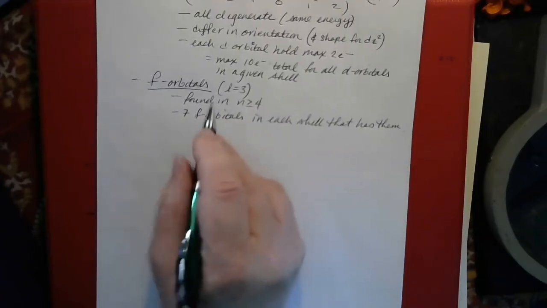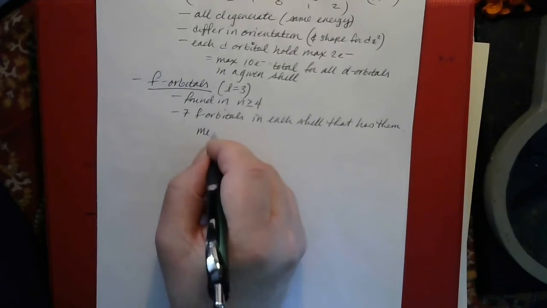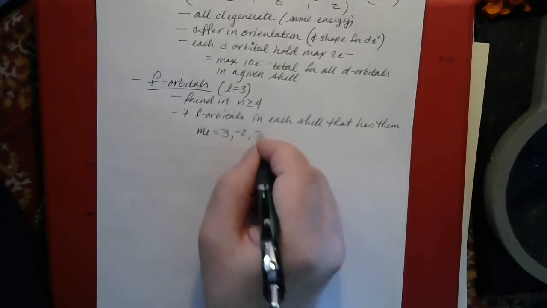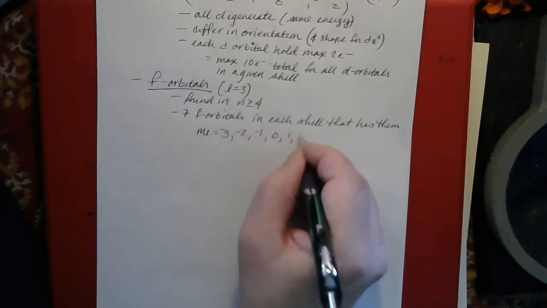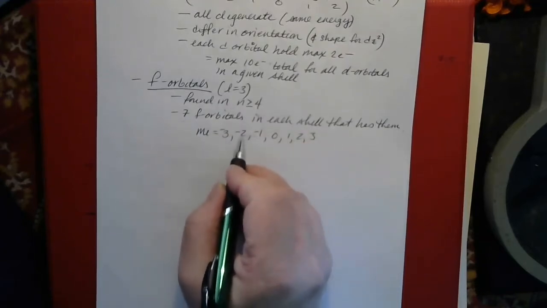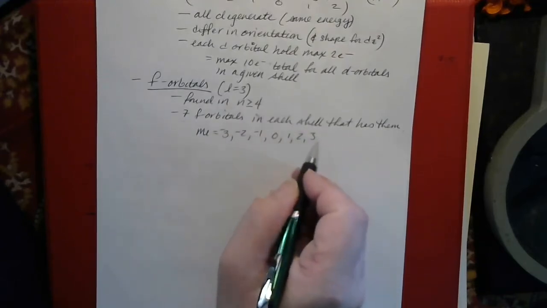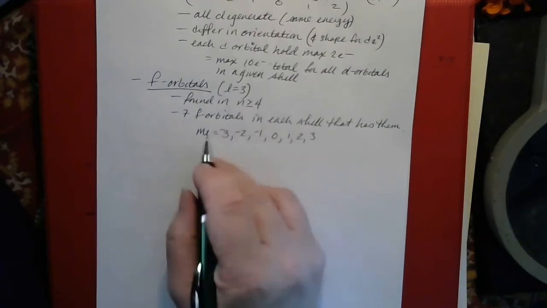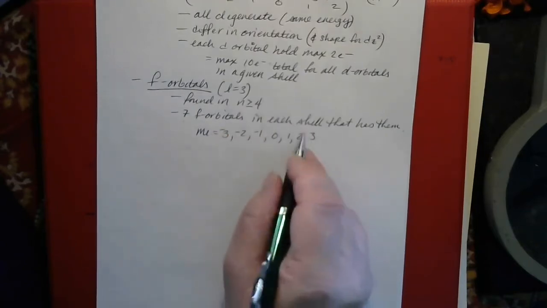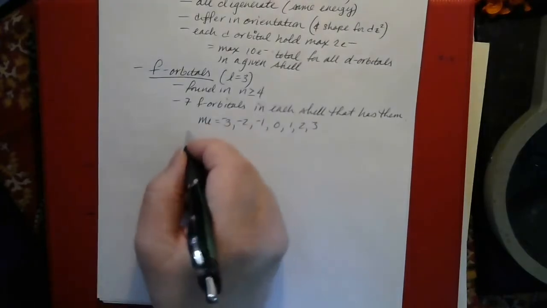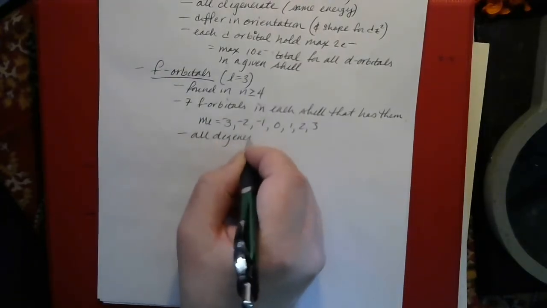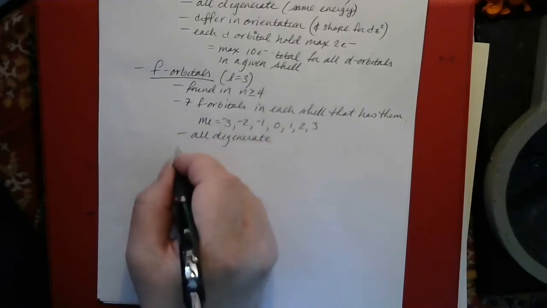7 of them in each shell that has them, and that the m sub L values are -3, -2, -1, 0, 1, 2, 3. That's 7 numbers because there are 7 f-type orbitals. Each of these numbers would correspond to one of the names, but once again, they're all degenerate with each other.